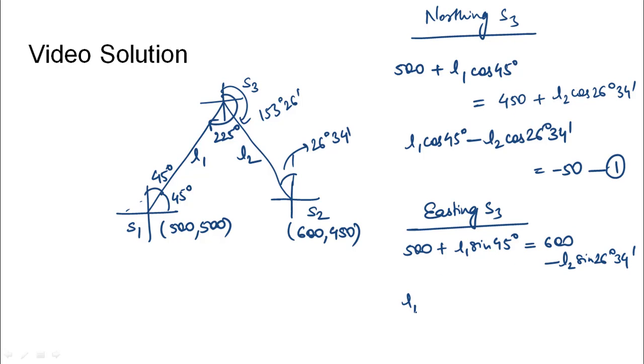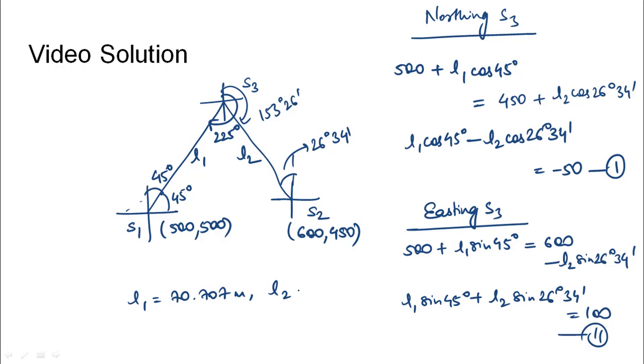From this we get L1 sine 45 degree plus L2 sine 26 degree 34 minutes equals 100. Let us call this equation 2. By solving 1 and 2, we get L1 as 70.707 meters and L2 as 111.802 meters.